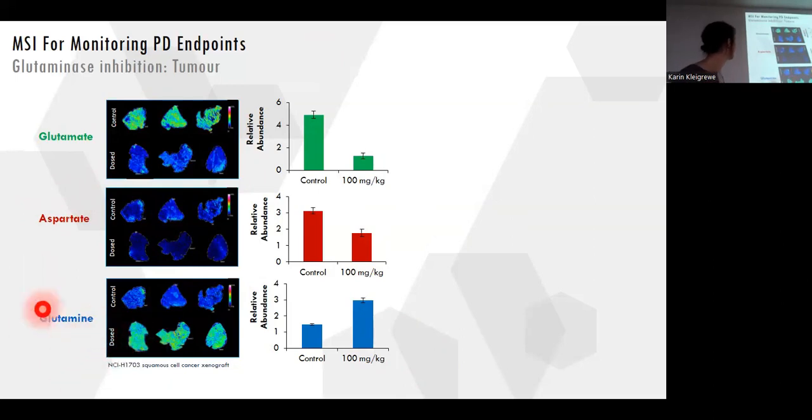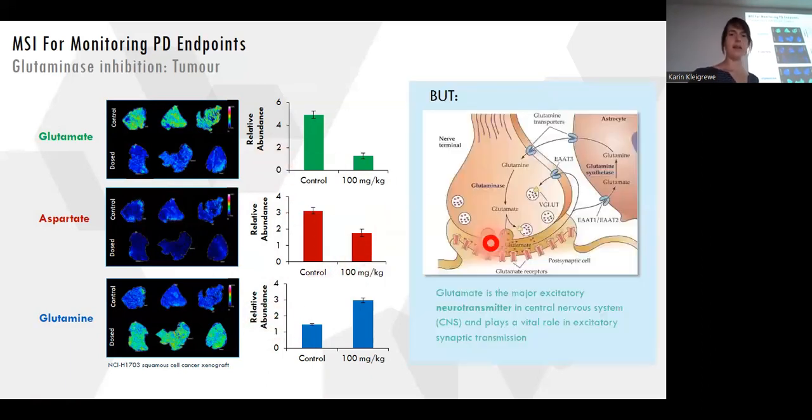Oh yeah, okay, glutamine we start with. So we've got the glutamate going down because it doesn't get produced anymore, and we've got the glutamine going up because it doesn't get transformed into glutamate anymore. And the changes in aspartate, for instance, are a lot more subtle in here.